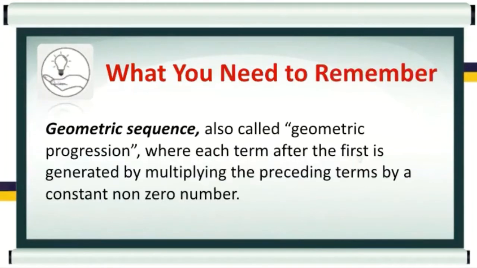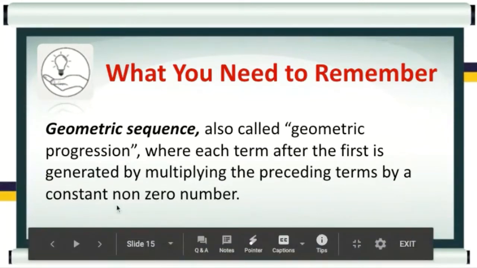So to summarize our lesson 1, a geometric sequence, which is also called a geometric progression, is one where each term after the first is generated by multiplying the preceding term by a constant non-zero number. Always a non-zero number, any number except 0.